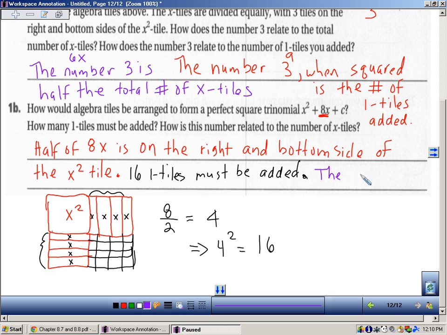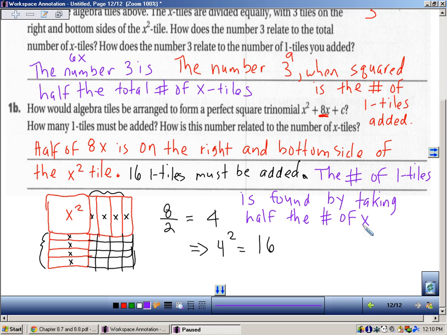The number of 1 tiles is found by taking half the number of x tiles and squaring that amount. Okay?